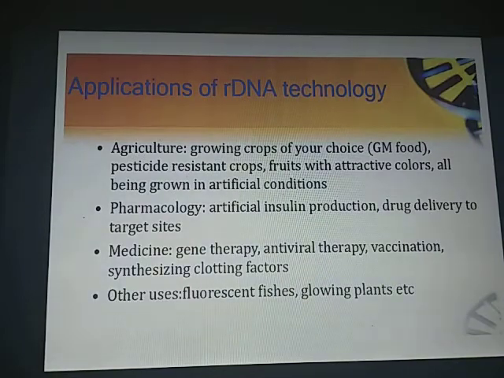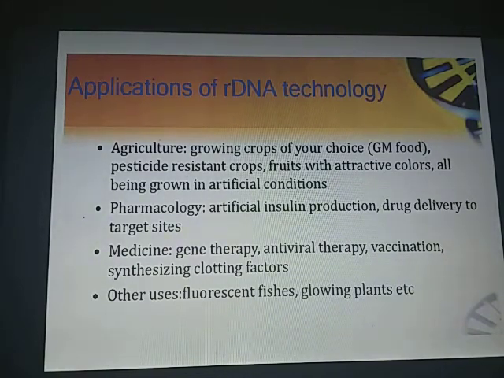Now the applications of this recombinant DNA technology. In agriculture, it is used for growing crops of your choice, like pesticide resistant crops and fruits with attractive colors, all grown in artificial conditions using recombinant DNA technology.